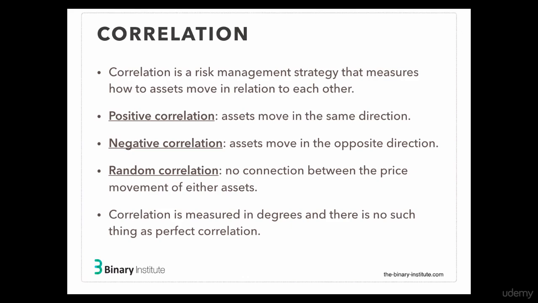There's positive correlation, negative correlation, and random correlation. Now, positive correlation is whenever one asset moves in one direction, the second asset will move in the exact same direction. Negative correlation, it's just the opposite. Whenever one asset moves in one direction, the second asset is going to move in the exact opposite direction.